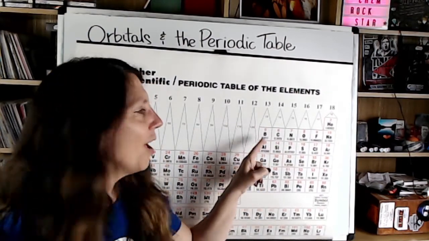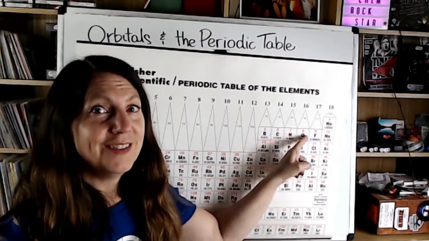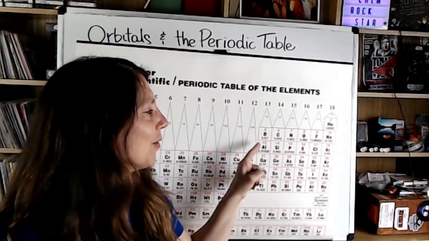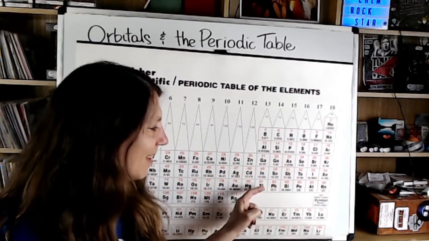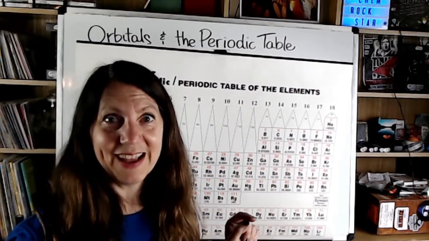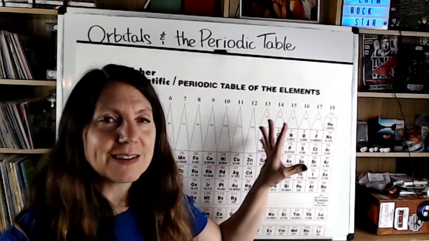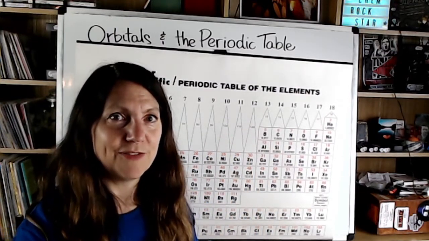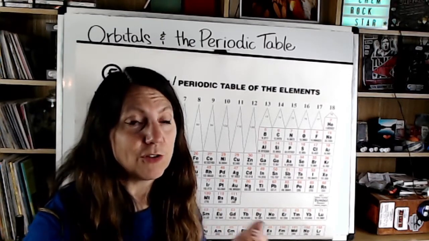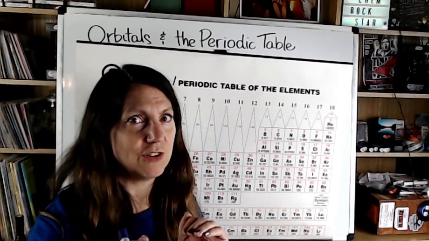I just said s. Let me start over. These are filling the 2p orbitals, the 3p, the 4p, the 5p, the 6p. Okay? So the periodic table is lining up with what is being filled first. What's being filled first? It's always the lowest energy orbital.